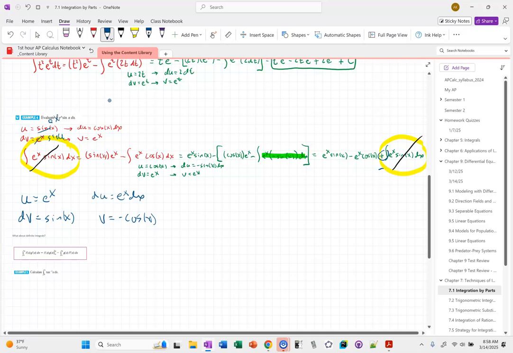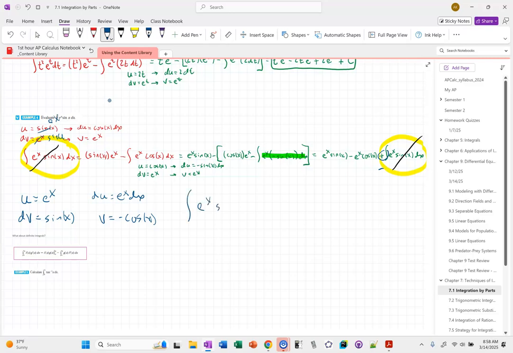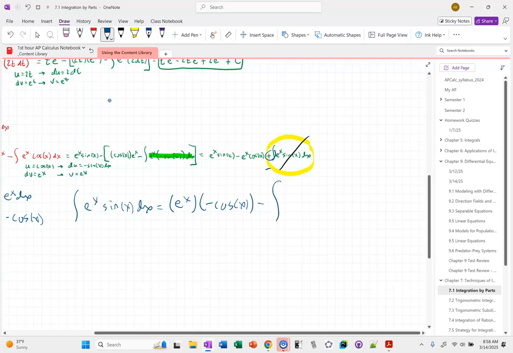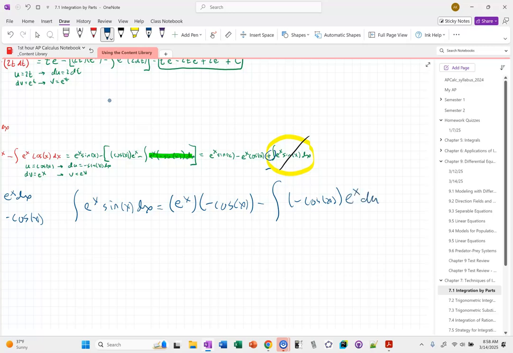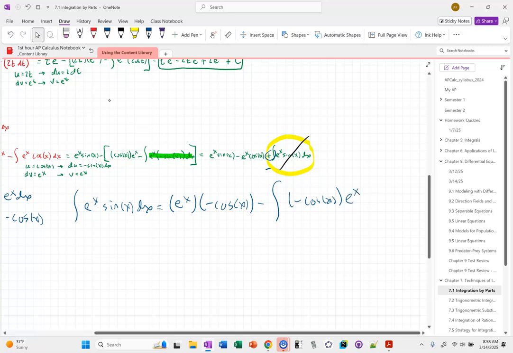So we'd have then u times v minus the integral of v du, or I'm sorry, dx.